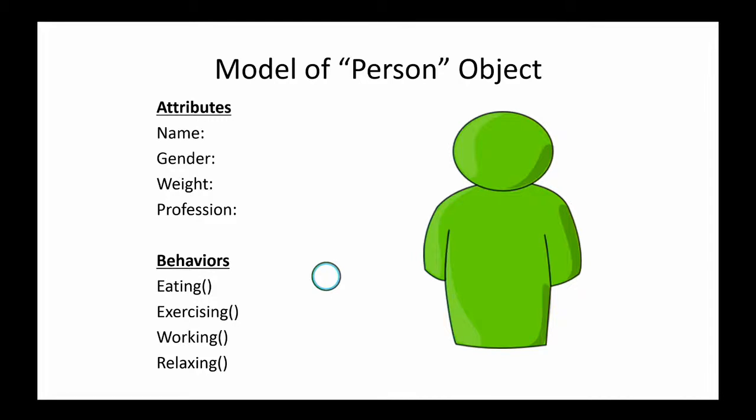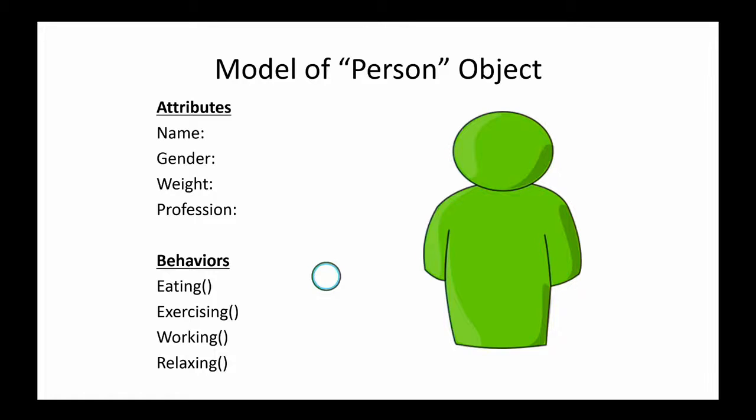Now, we also examine some of the behaviors of a human being or person. What does he do? What actions does he perform? Well, some of the behaviors that a person does: he eats, so he does eating. He does exercising. He does work, or working. And he does relaxing.